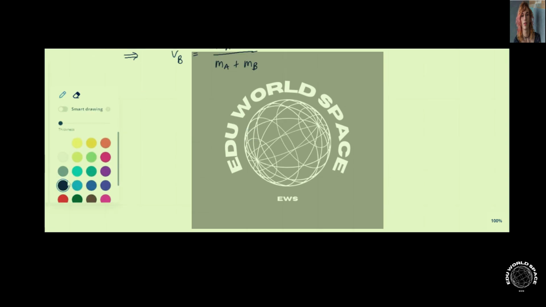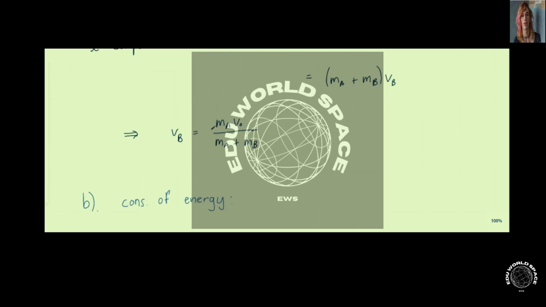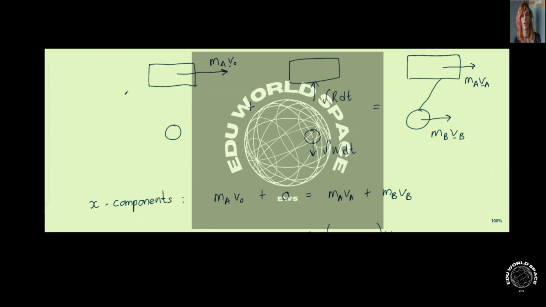So now for part B, we've calculated the velocity of the ball at its maximum elevation. But what is this maximum elevation? Well, we'll now turn to the conservation of energy. The conservation of energy is between position 1 and position 2.